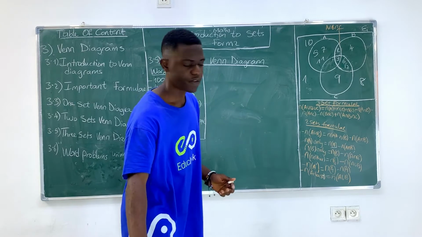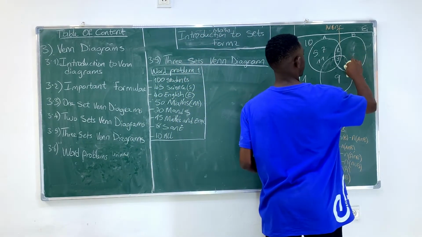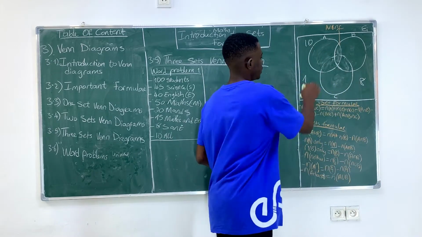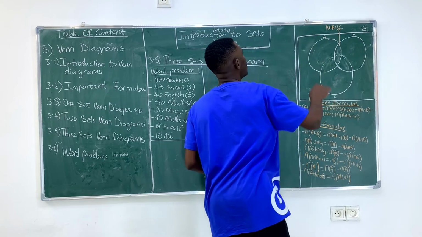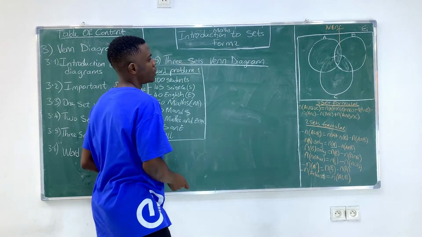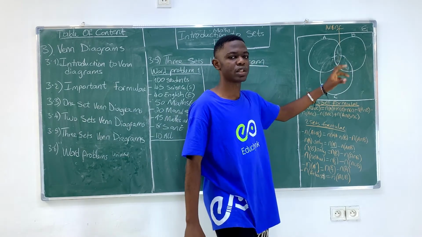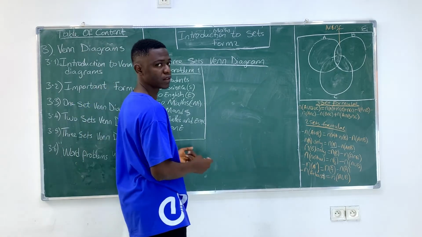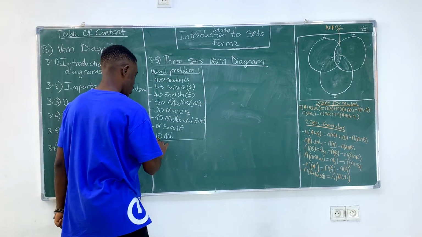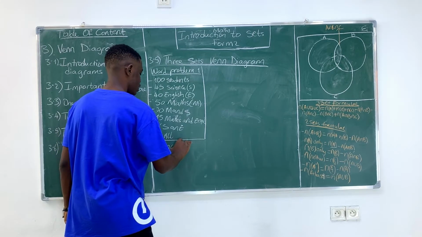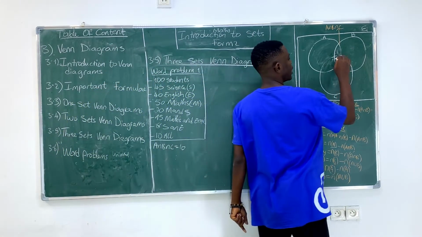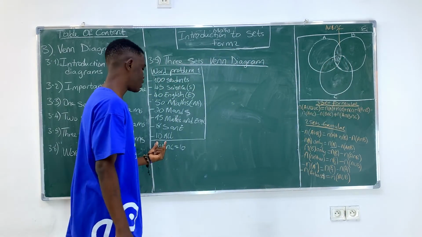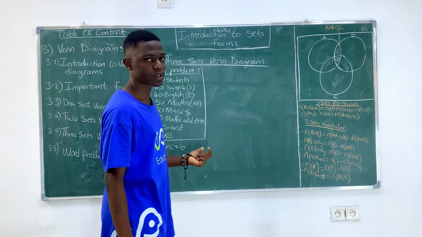We first look for the one in the middle, A intersection B intersection C. Fortunately, the number given is 10. So I can write A intersection B intersection C is 10. I write my 10 here confidently, because it says the 10 students do all of the subjects.